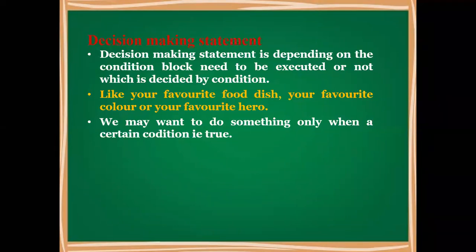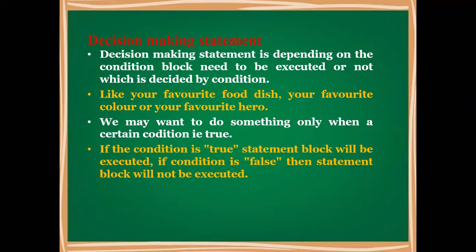So we have to respect their particular desires and facilitate the output accordingly. Decision making statements are very handy for this. If the condition is true, the statement block will be executed. If the condition is false, the statement block will not be executed. This is the simple structure of a decision making statement.